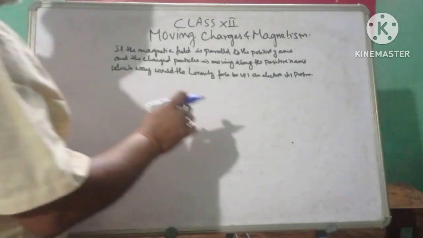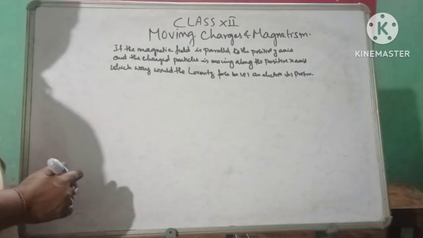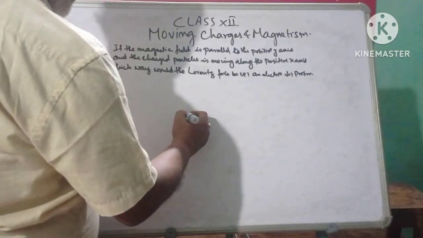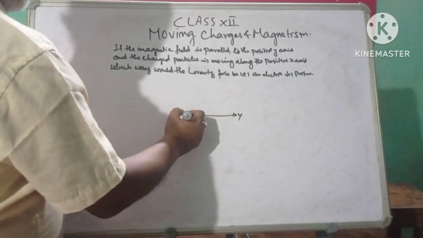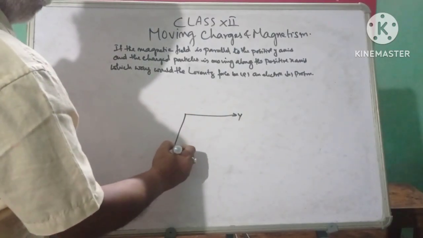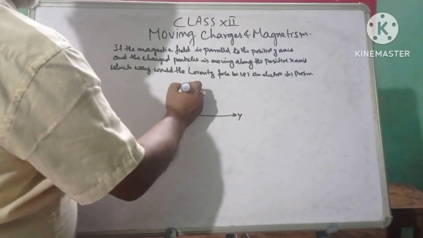The most basic thing I want to tell you, which no one has ever told you: if you take the y-axis as positive in one direction, then you should take the x-axis this side as positive, and this is your z-axis.